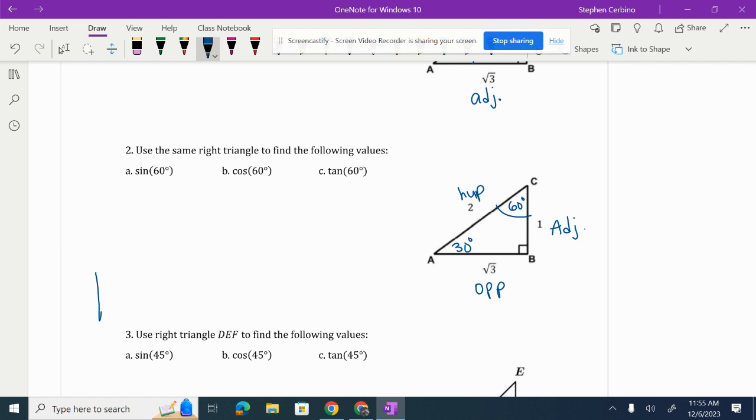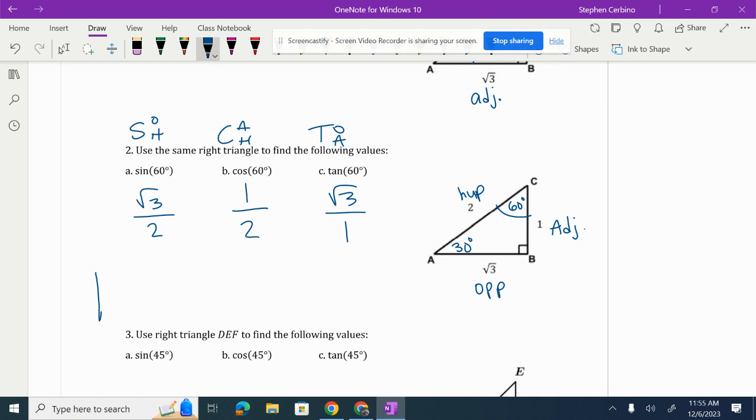Using SOH CAH TOA, sine is the opposite side over the hypotenuse. The cosine is the adjacent side over the hypotenuse. And the tangent is the opposite side over the adjacent side.